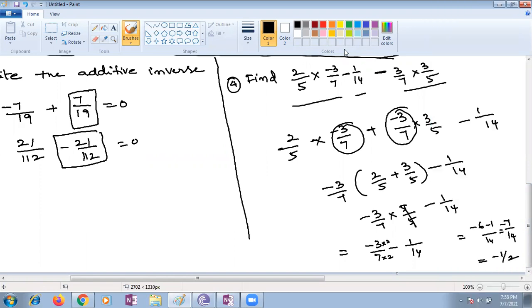No, ma'am, distributive and associative. Associative, even number also we shifted, right? One term, complete term we shifted. Yes, ma'am, commutative. Commutative property and distributive property we are using. Very good.